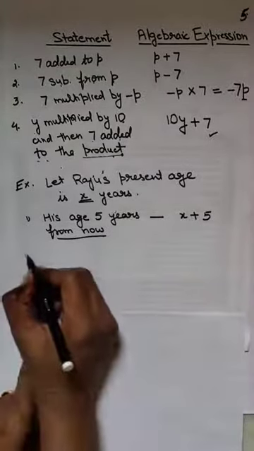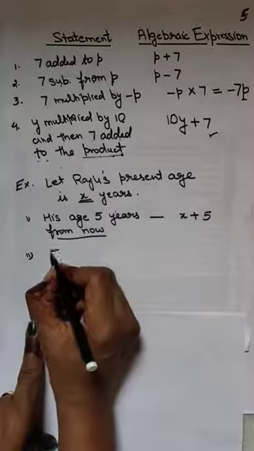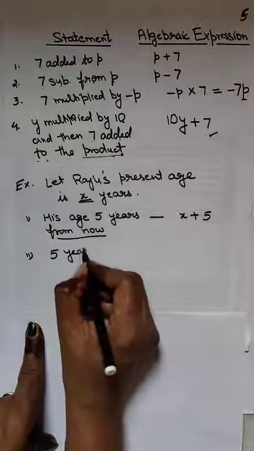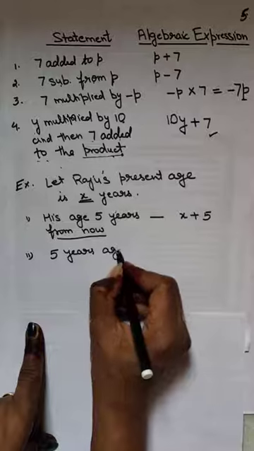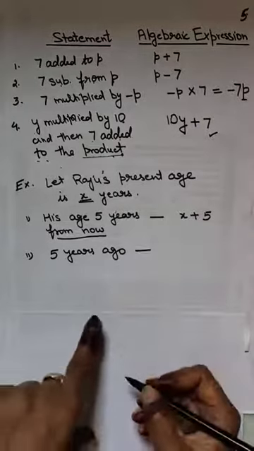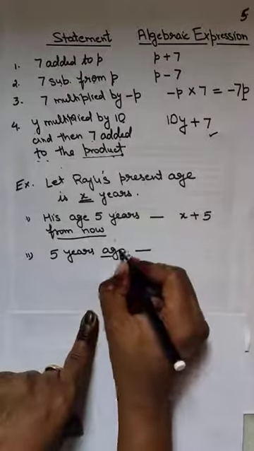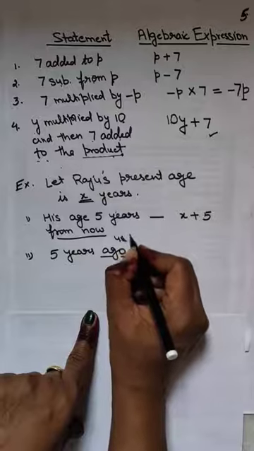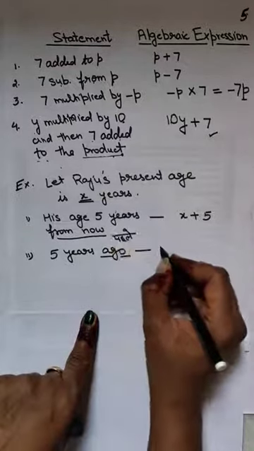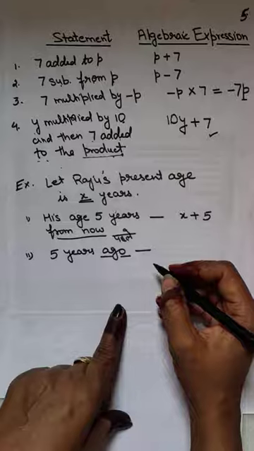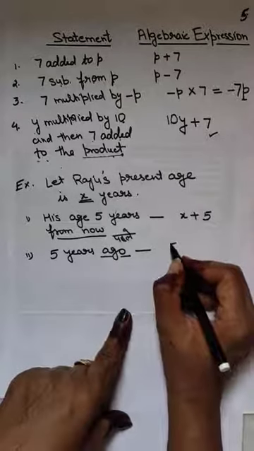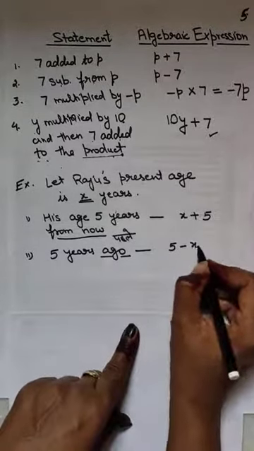What is his age 5 years ago? Ago means पहले. In this question, students normally commit one mistake. They do like this: 5 minus x.